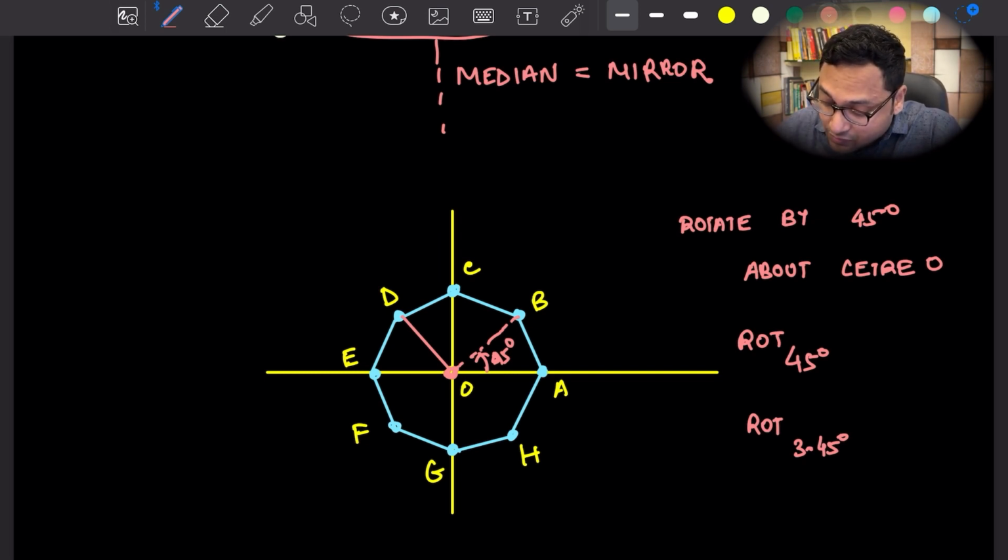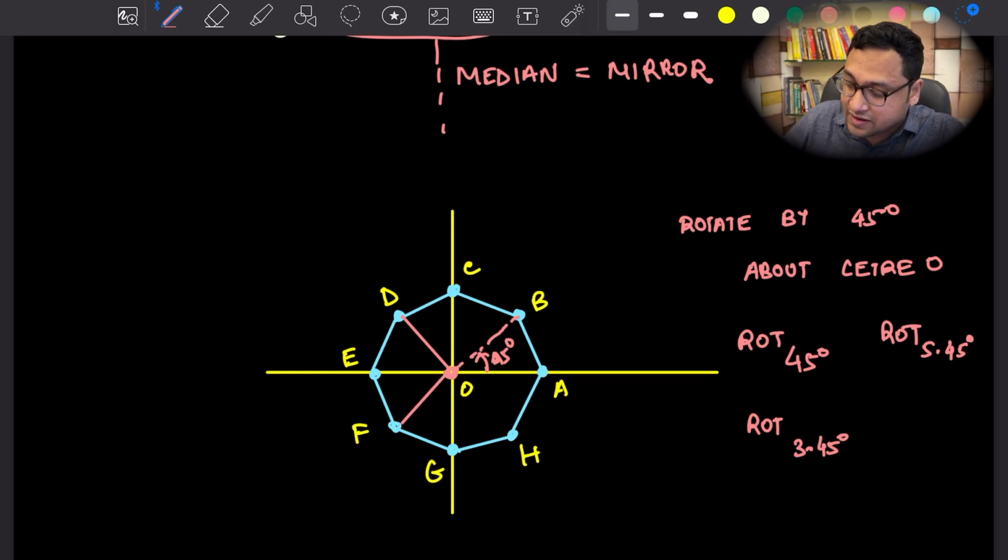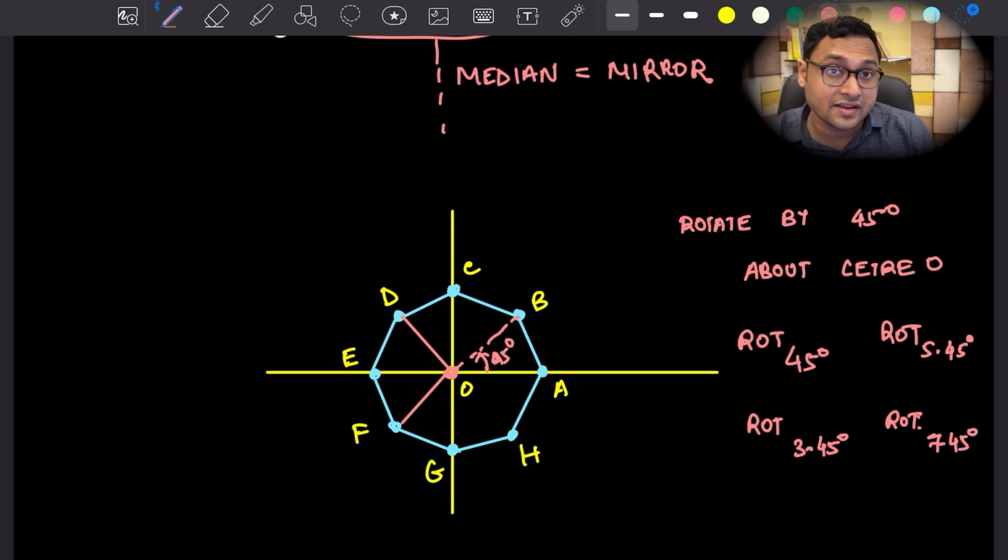There is another symmetry which is a rotation by 5 times 45 degrees. That is 225 degrees. And then we have a rotation by 7 times 45 degrees. That is 315 degrees.